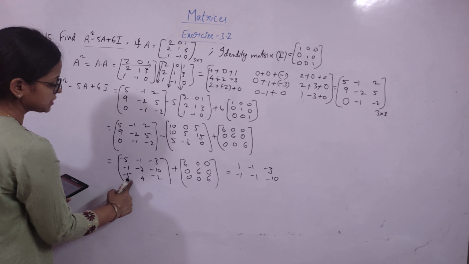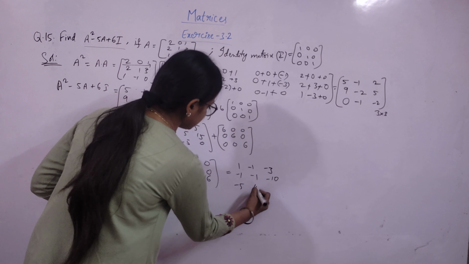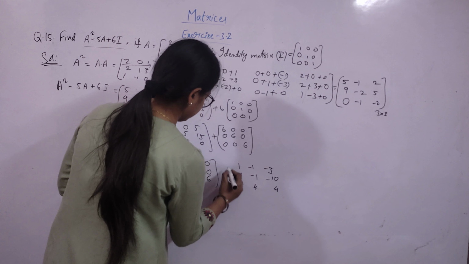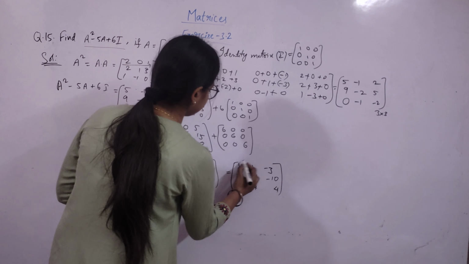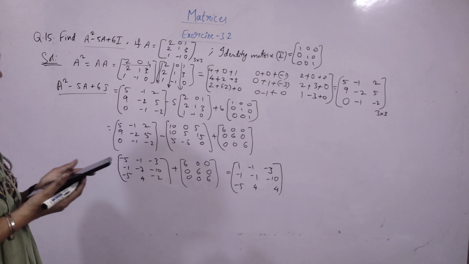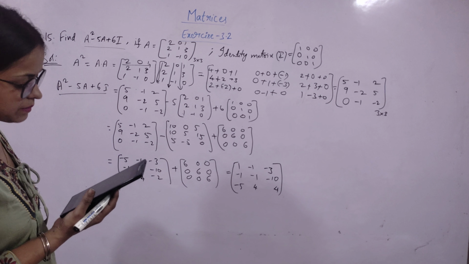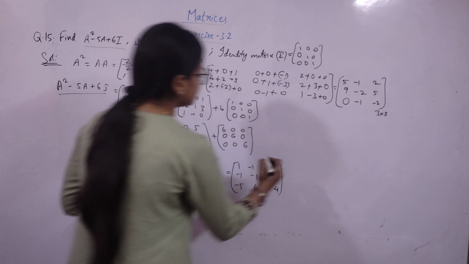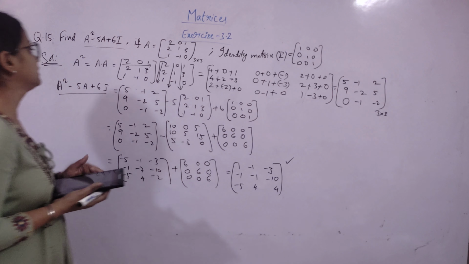Here zeros, no? So minus 5 plus 4, minus 5 plus 4, and here minus 2 plus 6 is 4. So this is the value we get for this expression. So here we get [1 -1 -3; -1 -1 -10; -4 4 4]. This is the obtained value of this expression.